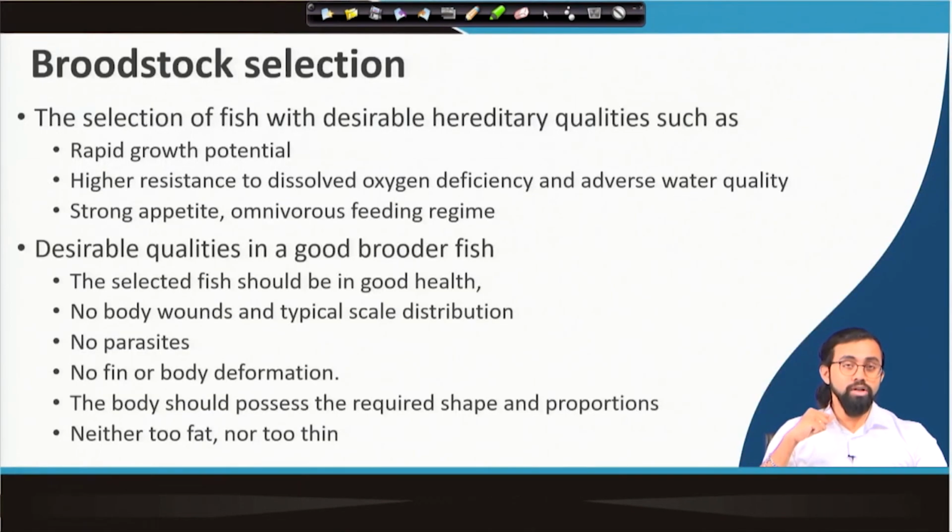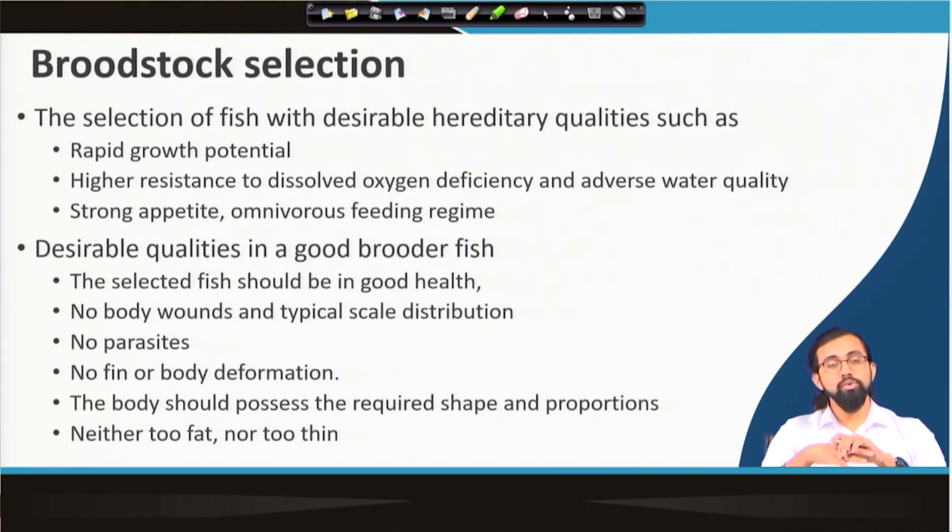These are the very important criteria that we have to understand once we talk about the target species, or when we start our aquaculture farm. Whatever we have discussed in this lecture, we'll try to remember these fundamentals when we go for developing our own farm, or when we consult, suppose you become a consultant, an aquaculture engineer or aquaculture technologist.